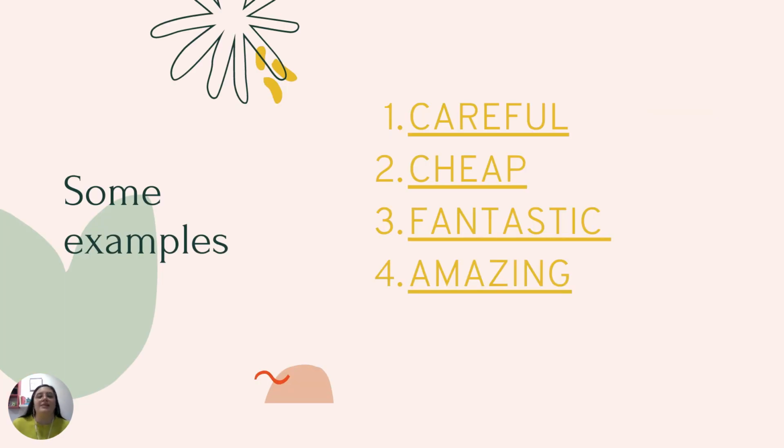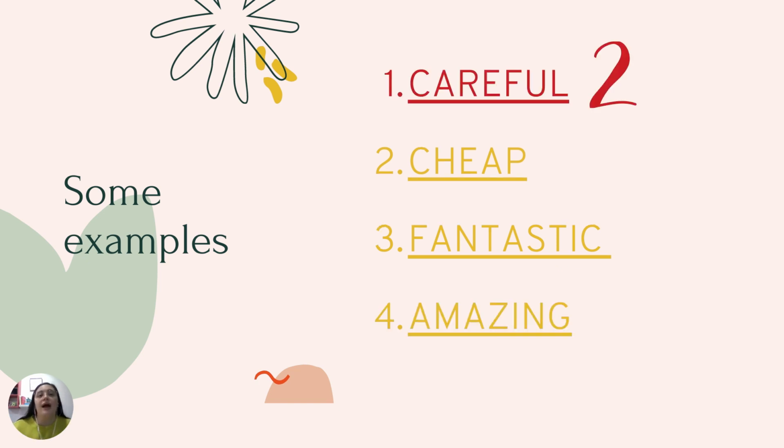Let's do some examples together. First of all, we have careful. Think about it. How many syllables does careful have? Very good job. Careful has two syllables. Then we have cheap. How many syllables does cheap have? Great. Cheap has just one syllable.